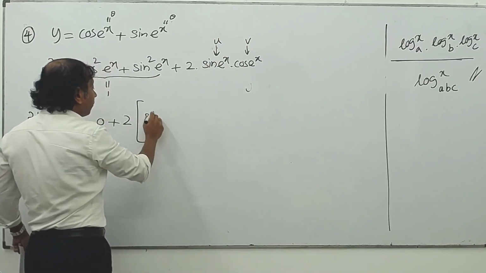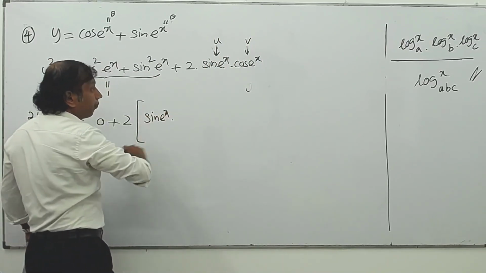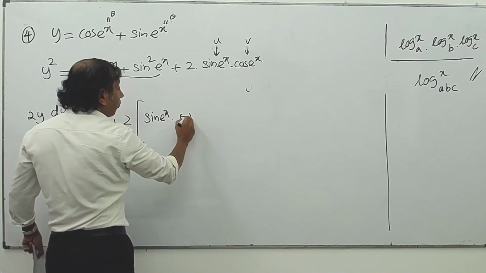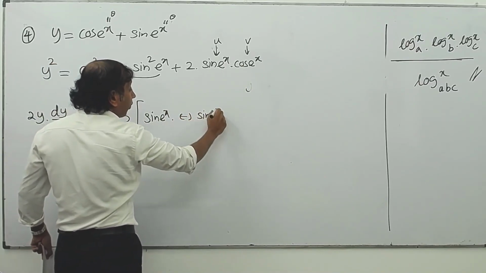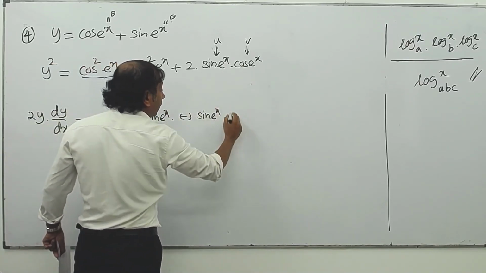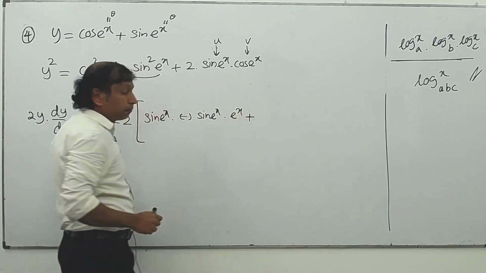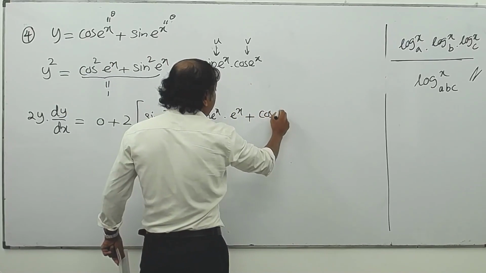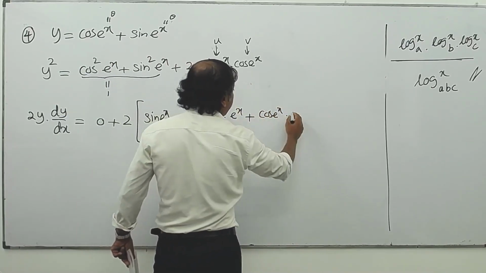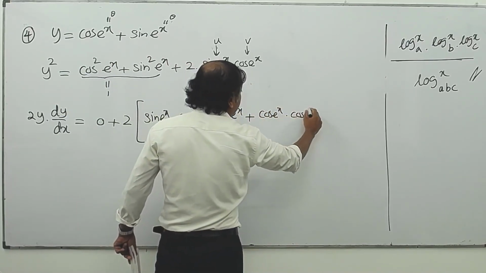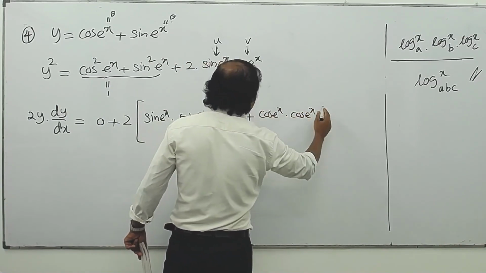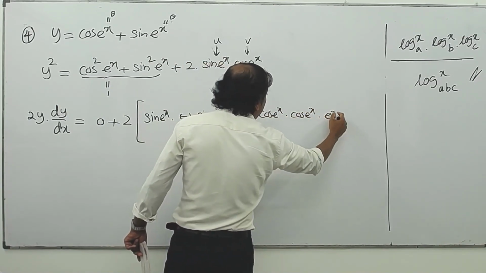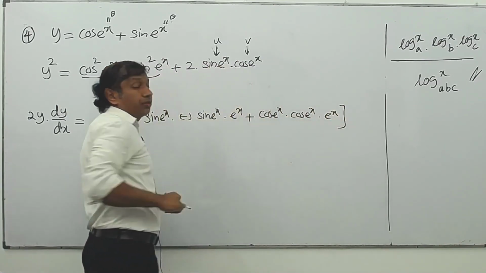Sin x we keep the same, cos derivative is minus sin and x derivative is x. Cos x we take like this, sin x derivative is cos x, and again multiply by x derivative.